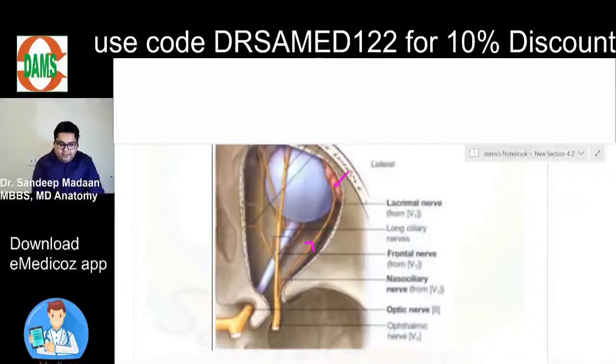Fine. I can see this nerve which is actually going to divide into two branches. So this is frontal, which is dividing into supratrochlear and supraorbital. Fine. Okay, and then I can see this third nerve which is giving these two branches. What should be these branches?